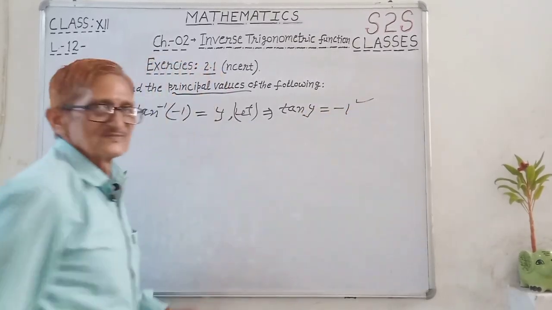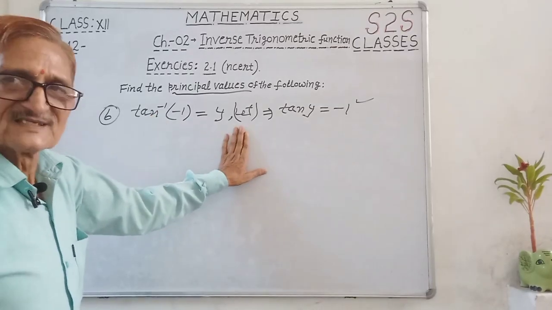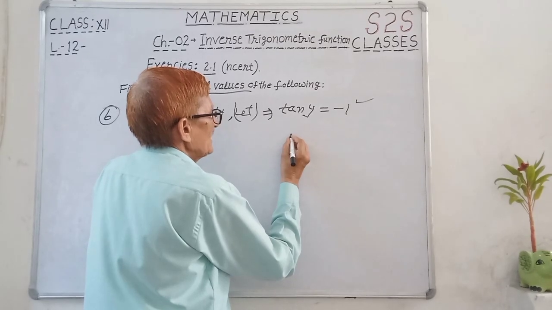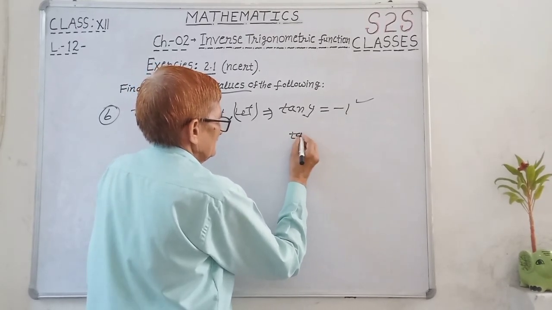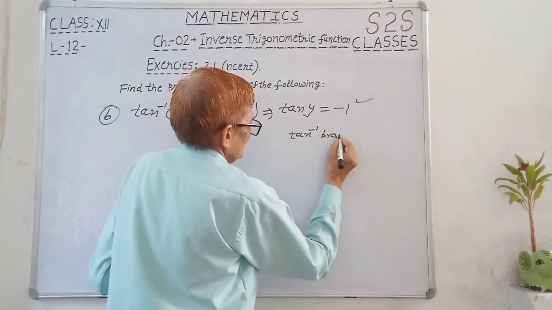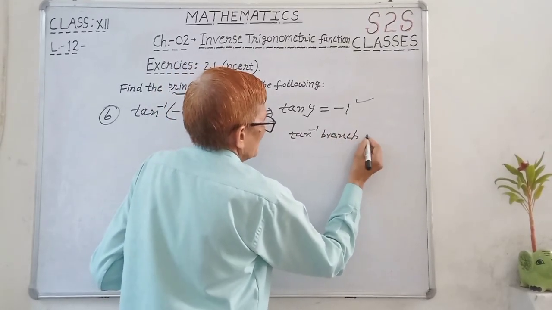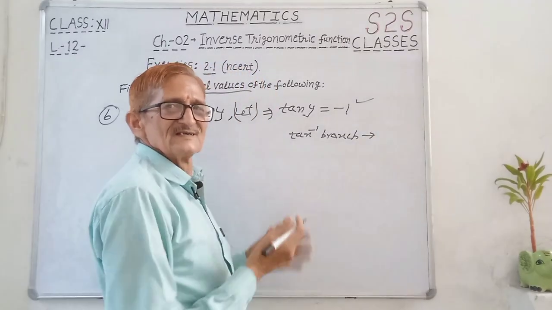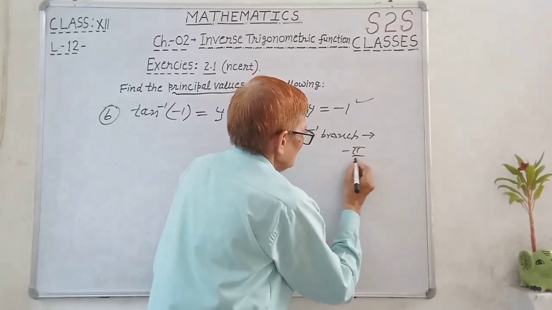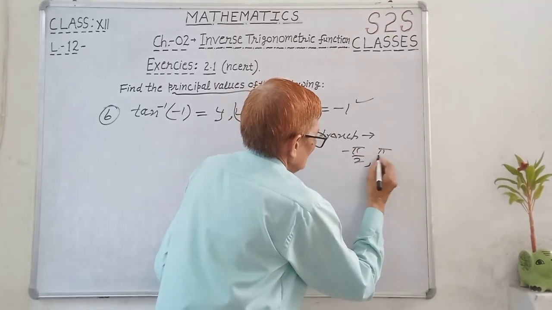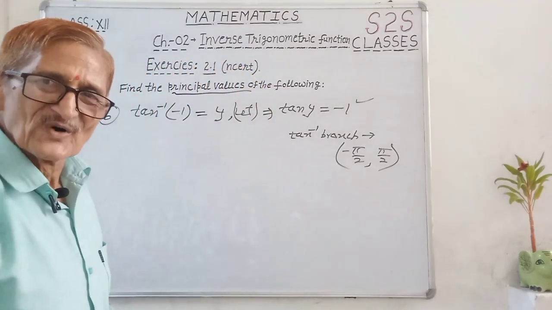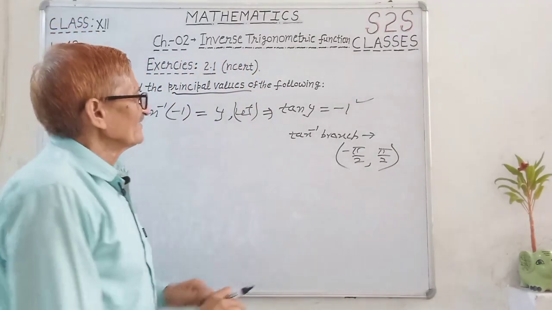Again understand here, the tan inverse function, what is the output branch? The principal branch of tan inverse is minus pi by 2 to pi by 2, open interval. This is the branch of tan inverse, so y must be between this.